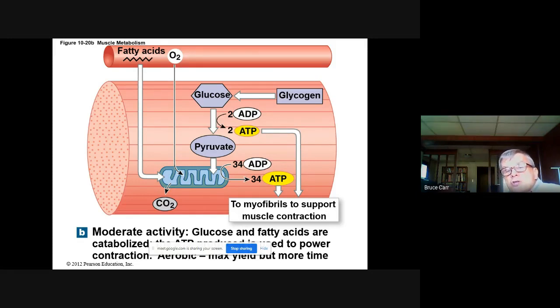The glycogen is broken back down into glucose, shows the production of pyruvate by glycolysis, and then the 3 carbon fragments are fed into the mitochondrion, where they will be broken down to CO2 and water.